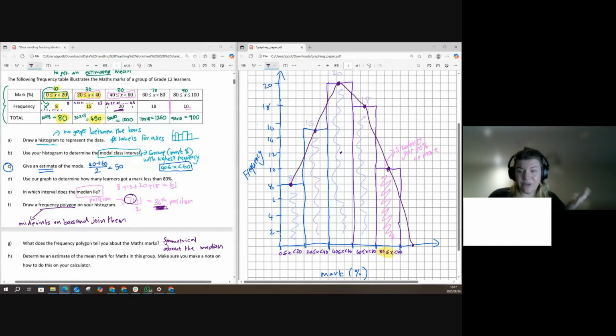But Uyanda, you had a great answer there. To do your estimated mean, you have to add up all of these totals and then divide by the total number of learners, which was 71. So we would say 80 plus 450 plus 1,000 plus 1,260 plus 900, and you're going to divide all of that by 71.